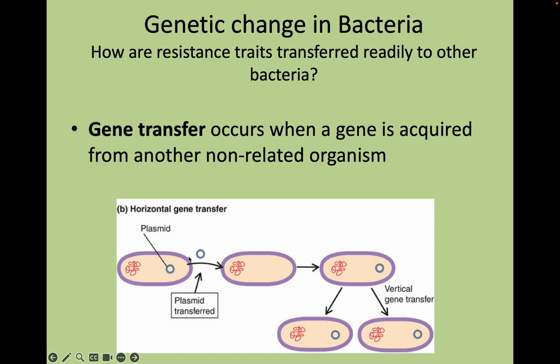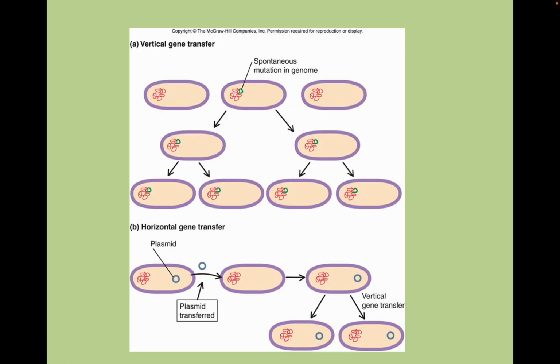The plasmids can be transferred from one cell into another. And then once a plasmid is inside a cell, it can be passed on by vertical gene transfer as the cells divide. So let's look more into how this plasmid can transfer from one cell to another if the cells themselves aren't dividing.